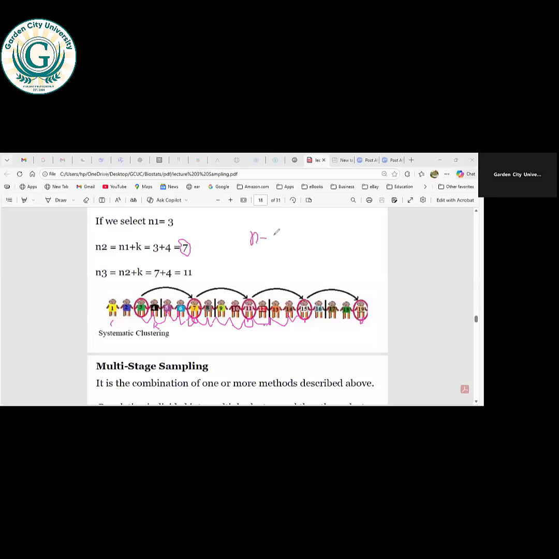Remember that n was equal to 5, which means that our sample should contain 5 individuals. And so this is what we call the systematic sampling technique. I hope that is clear.